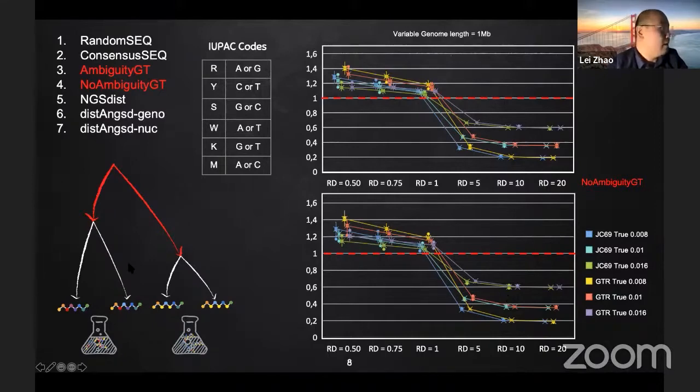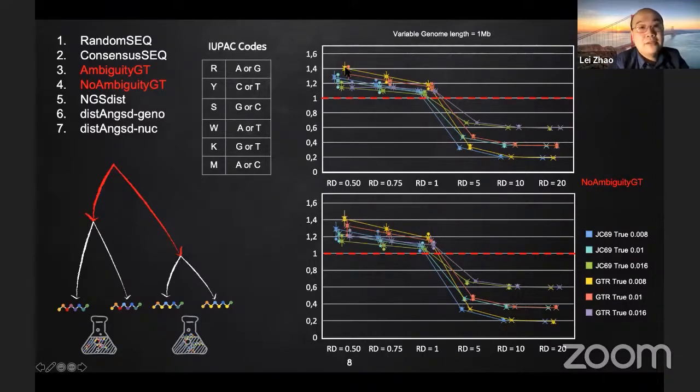That is because they just try to infer the internal node distance from here to here. So if you really calculate this kind of thing, it's nearly exactly the same, like from here to here. And when the read depth is small, it will tend to overestimate the distance.